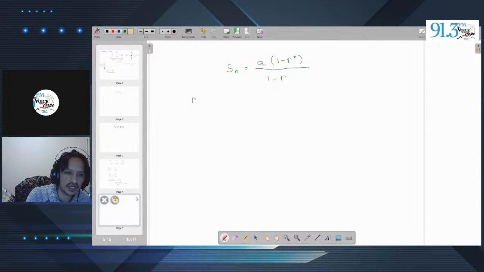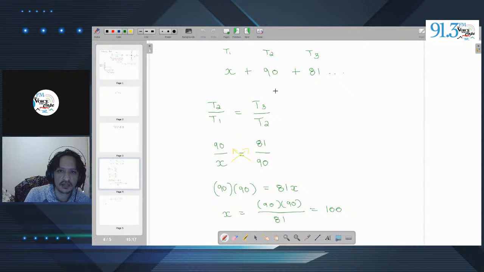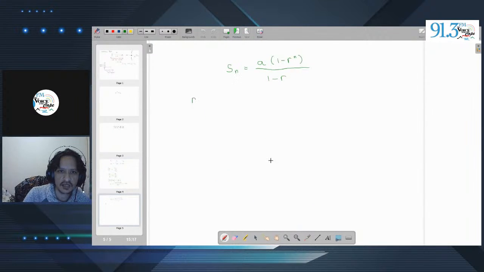Right? So we discovered that our R value is essentially the third term over the second term, or the second term over the first term. So this is 90 over 100. This is basically 90 over x. So we can say that our R value is equal to 90 over 100. And this means that our R is essentially 0.9. So there we go. We have our ratio.